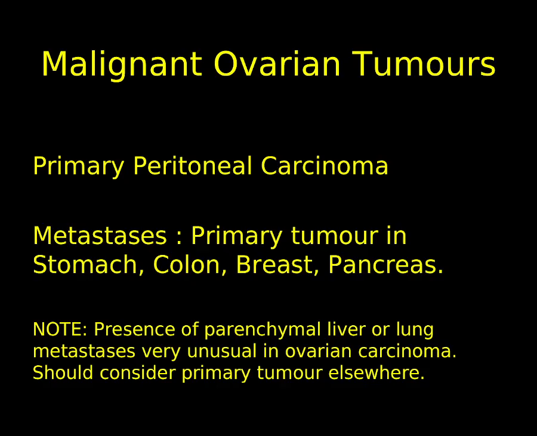It's rare to have intrahepatic liver metastases or lung metastases, so always ask yourself, is there a primary tumour somewhere else? I have seen a couple of lung carcinomas which have spread to the ovaries as well, but again, it is quite rare.